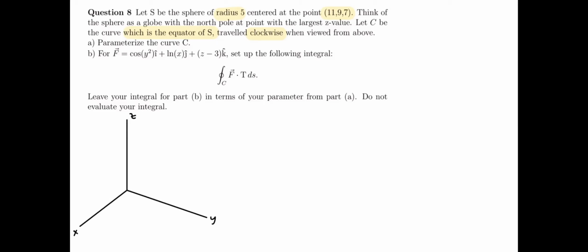In the x direction you go 11, then y is 9, z is 7, so perhaps somewhere right here. Roughly it's right there, and you have a sphere of radius 5. So let's just suppose this is the sphere.